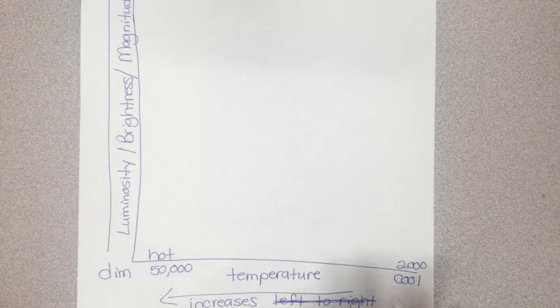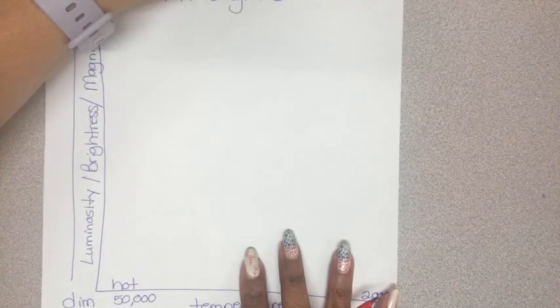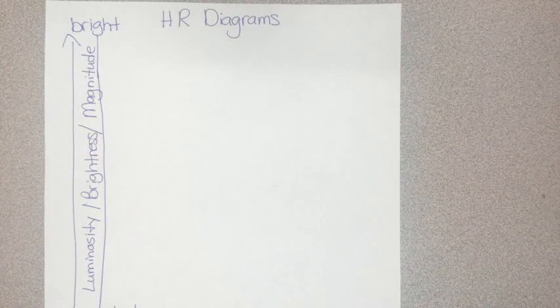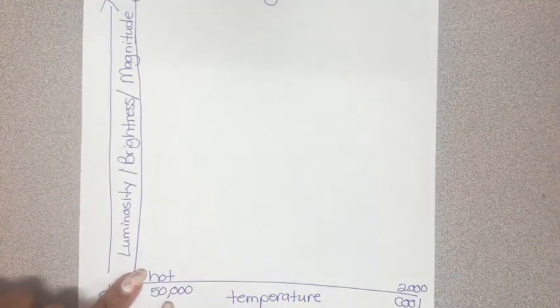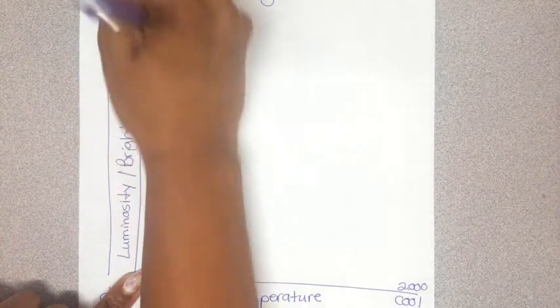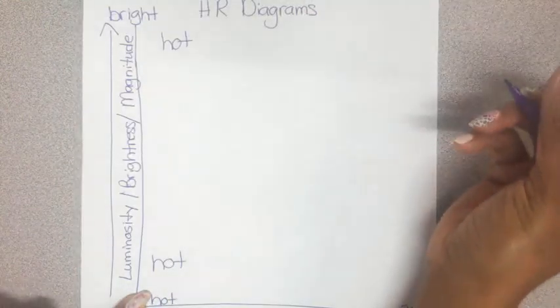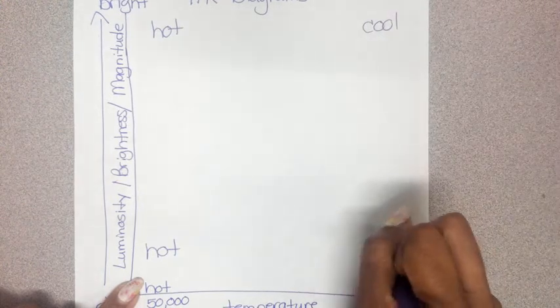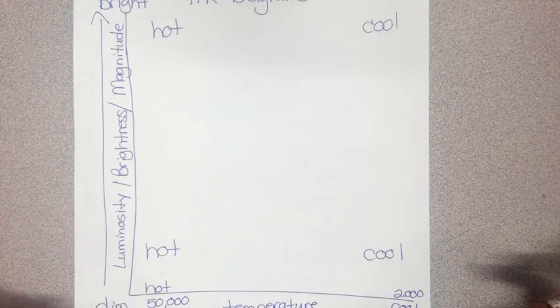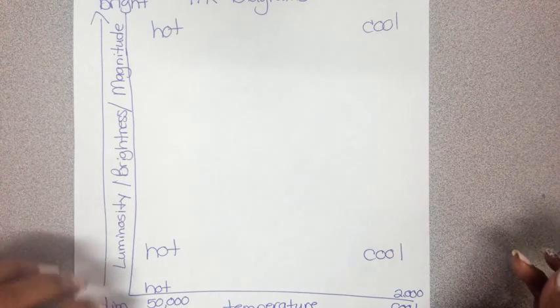All right. So you do need to know the general locations of stars on HR diagrams. But I want to show you a little trick that you can use when you get your test. If you see an HR diagram, divide it up. So, left side, the stars are going to be hot. Hot stars are on the left. Cool stars are on the right. Now, in terms of brightness, your bright stars are at the top.